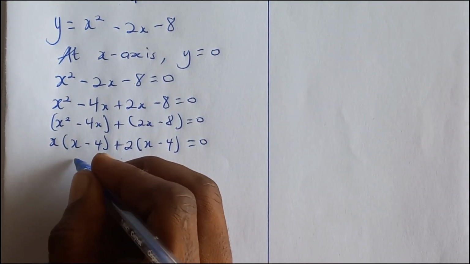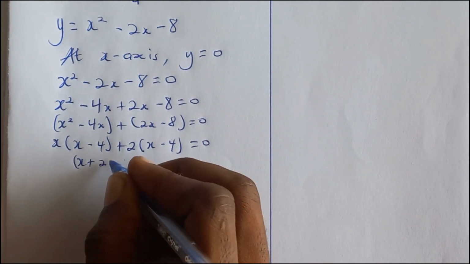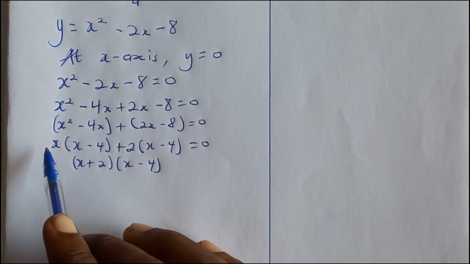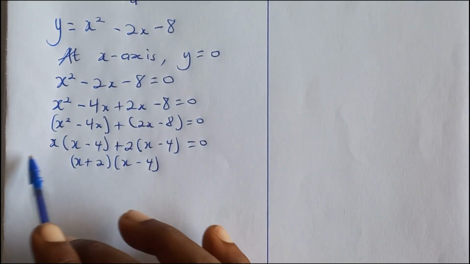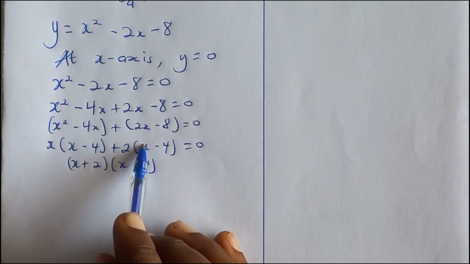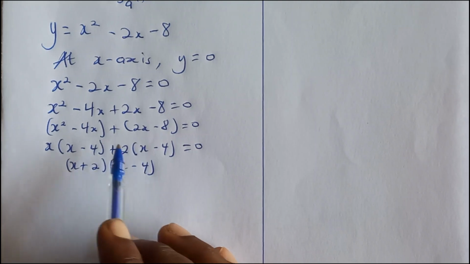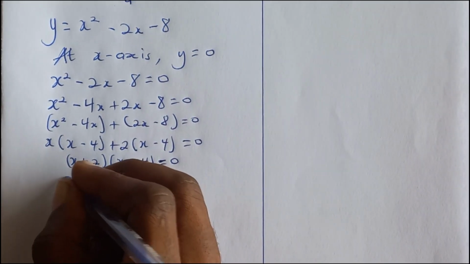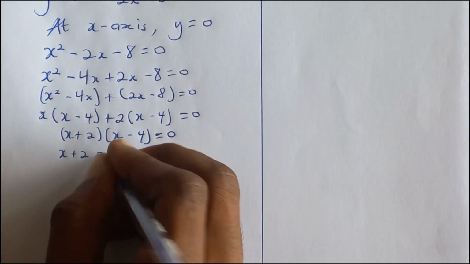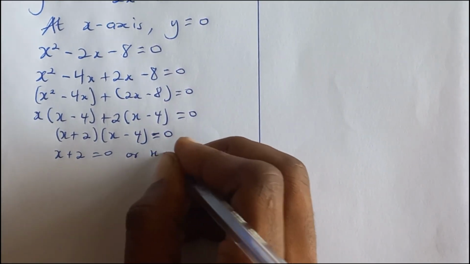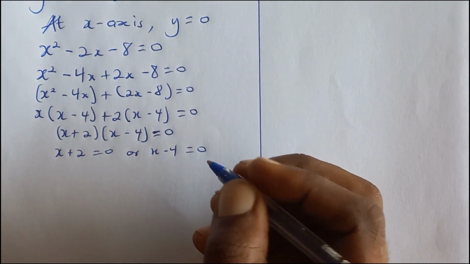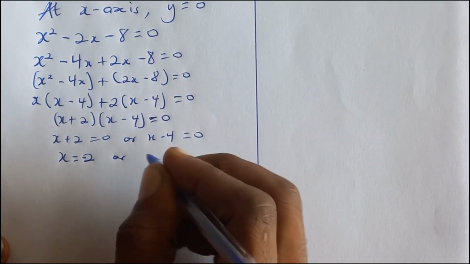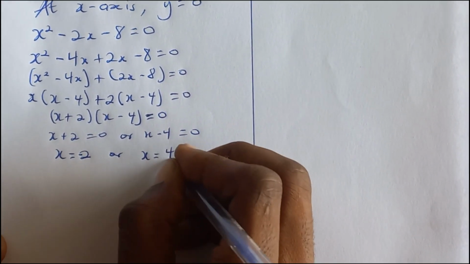So we get x plus 2 times x minus 4. You can see that we pick the ones outside, then choose one of the brackets because they are the same, and we equate to 0. So x plus 2 is equal to 0 or x minus 4 is equal to 0. So x is equal to negative 2 or x is equal to 4.